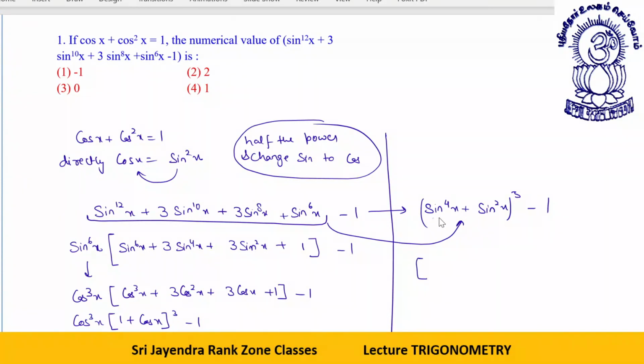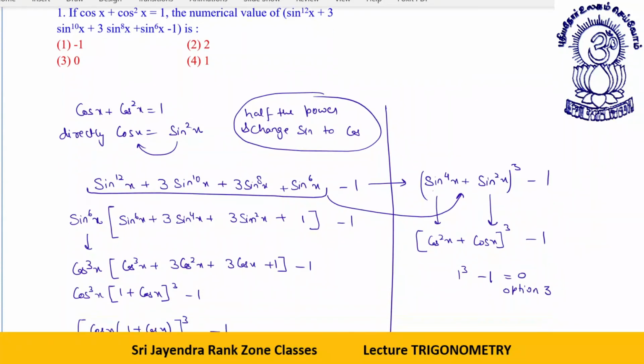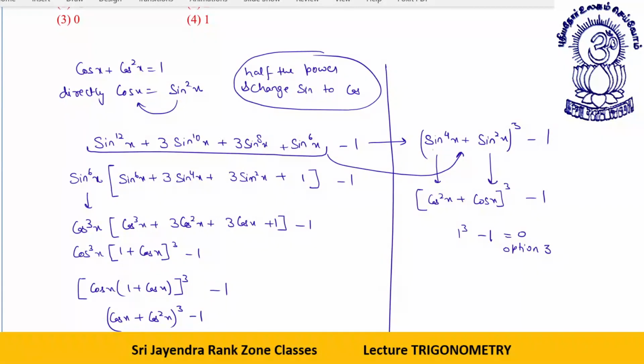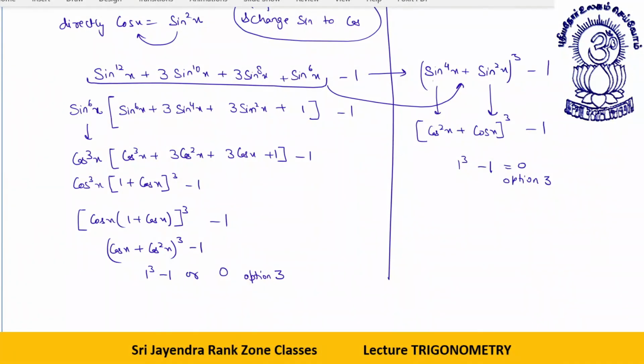I can say sine 4x as cos square x. This sine square x you can copy as is, or you can copy it as cos x. Whatever you copy, your result will be the same. Minus 1. Cos x plus cos square x is 1. 1 cube minus 1 is equal to 0. That is, option number 3 is the answer. Option number 3. Am I clear? Next one.